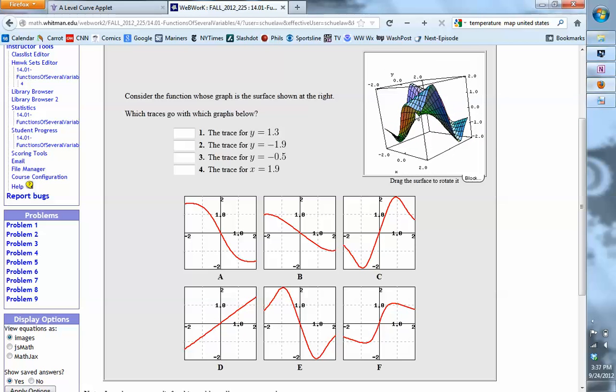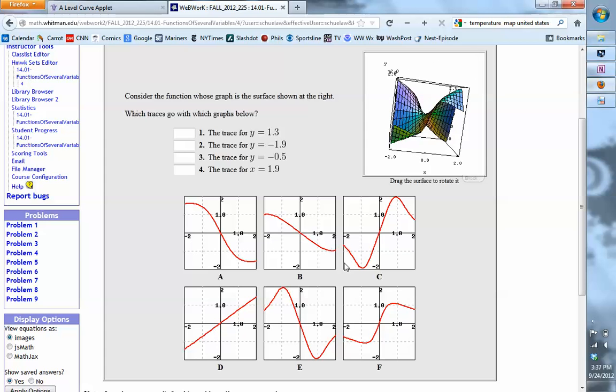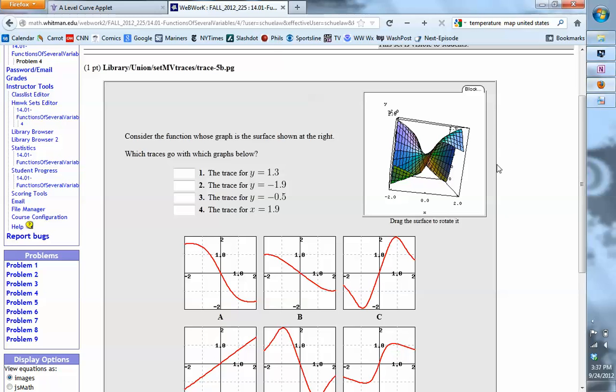And the idea is to use what you know about the surface, the fact this is the y direction, this is the x direction. See if you can figure out which of these traces belongs to which graph, to which value. And you're not going to be able to jump over to the software because you don't have a formula for this surface. So you're just going to have to think it out. All right, let's keep going.